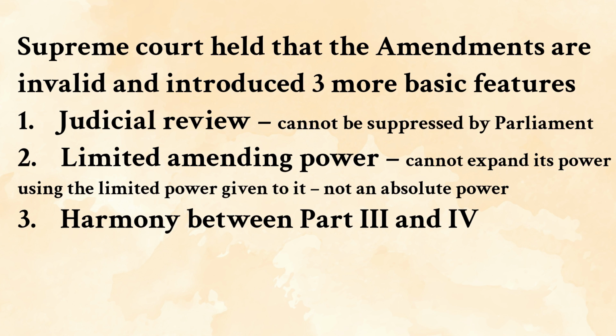First, judicial review. It cannot be surpassed by the Parliament. Second, limited amending power of Parliament. The Parliament cannot expand its power using the limited power conferred on it. It is not an absolute power. Third, harmony between Part 3 and Part 4 of the Constitution. There should be a balance between fundamental rights and DPSP.